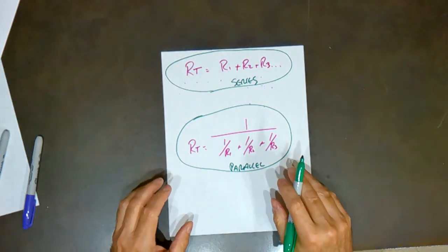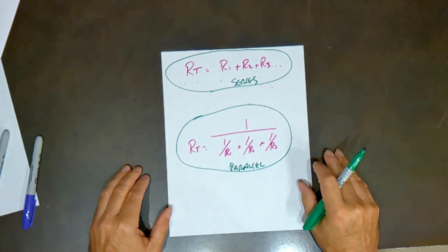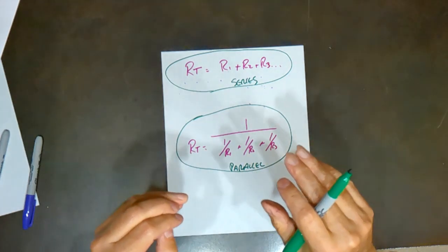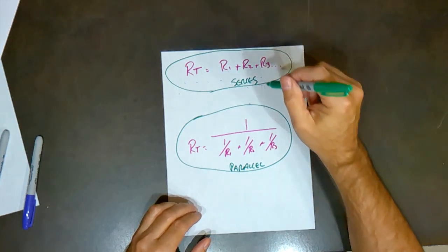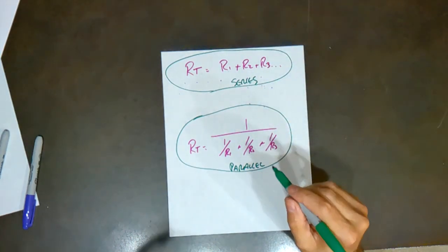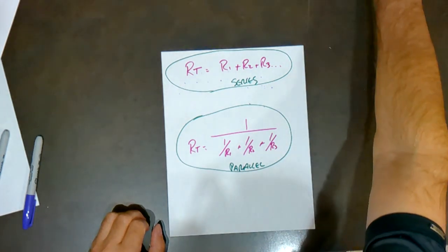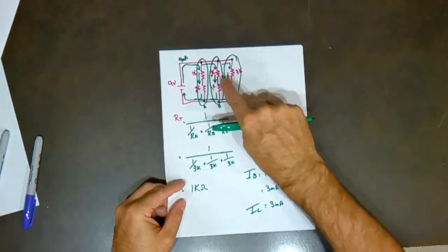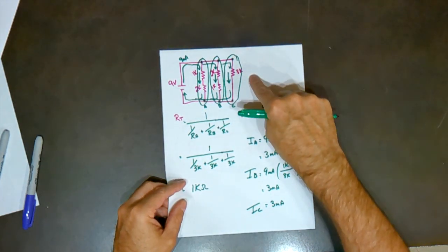What we need to do is take the series parallel circuit and express it as things in series or things in parallel, not a combination of the two. So in this particular case, it expressed to parallel.